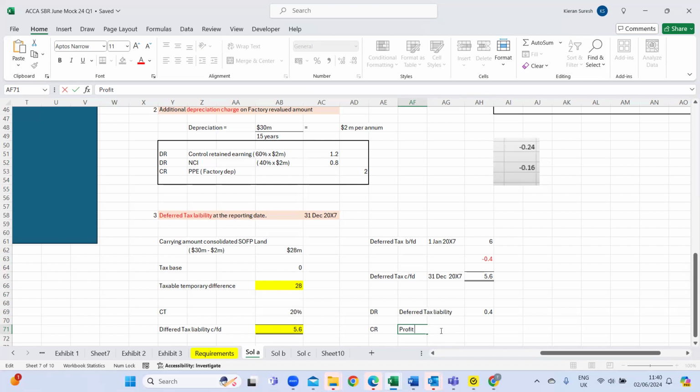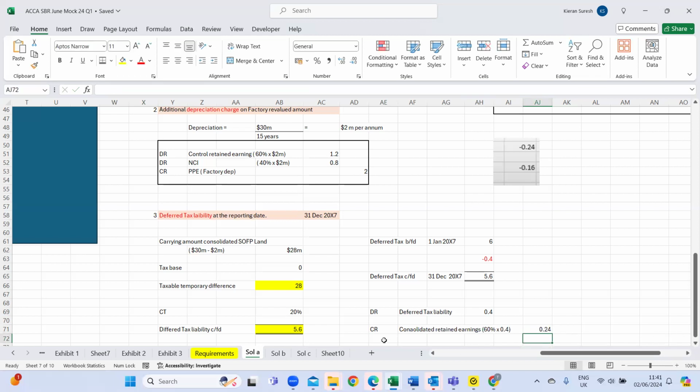Whatever figure we give to the parent would go to the consolidated retained earnings, as a credit. So here the credit means 60% of 0.4, which is 0.24.